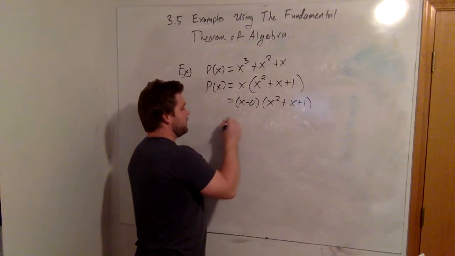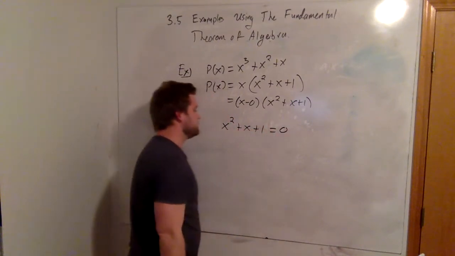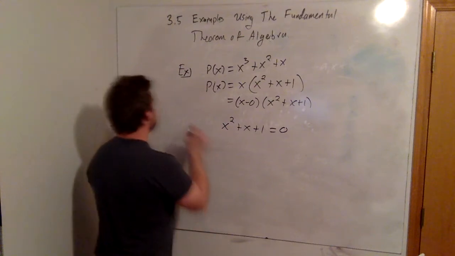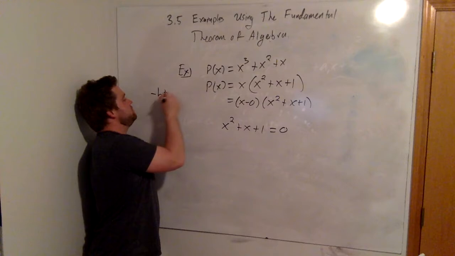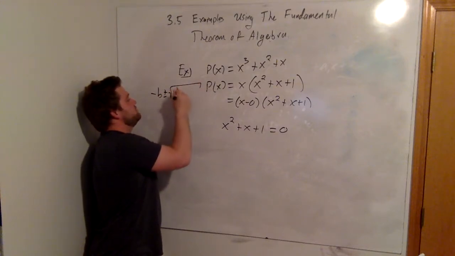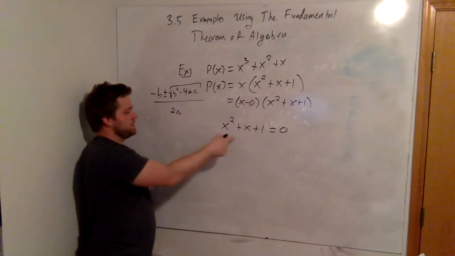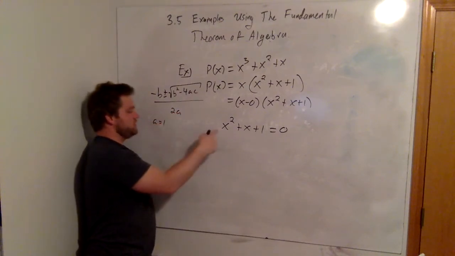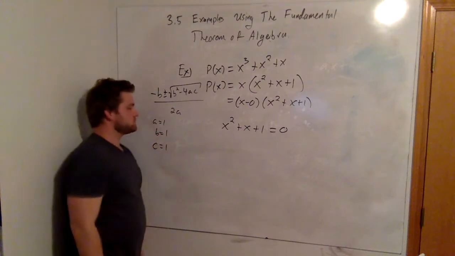So I need to figure out when x squared plus x plus 1 is equal to 0. So the quadratic formula: solutions to this will be negative b plus or minus the square root of b squared minus 4ac, all over 2a. Okay, my a is 1, my b is 1, and my c is 1.